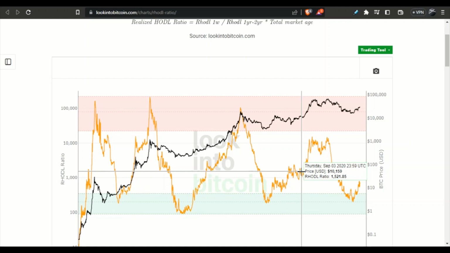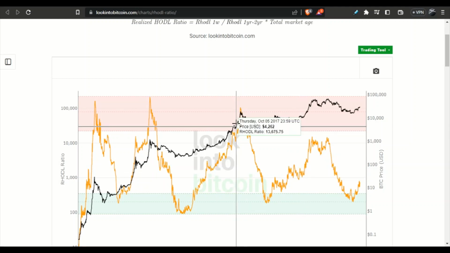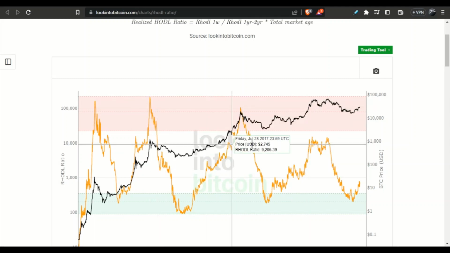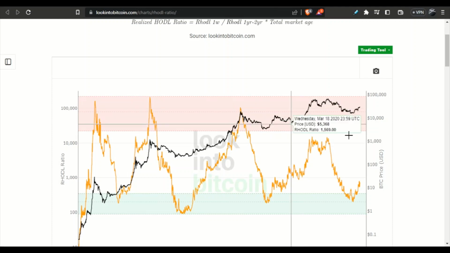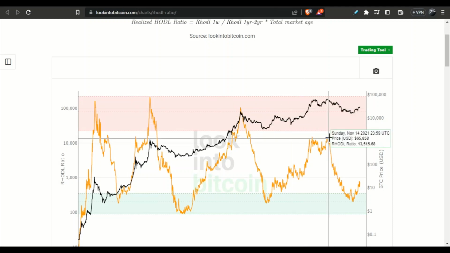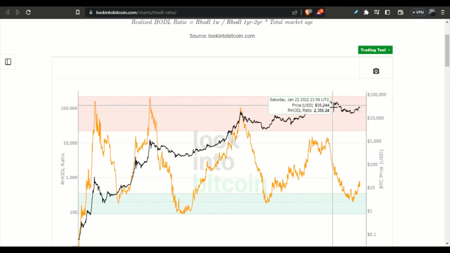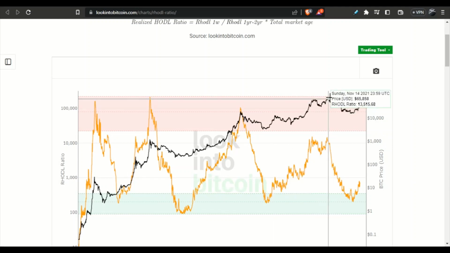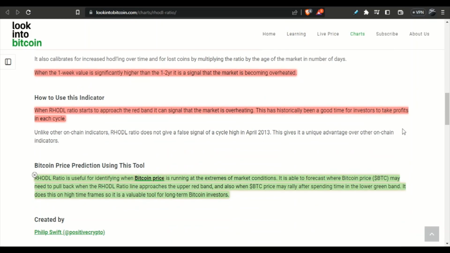Thus they are more tempted and greedy to take profits, and that explains why every time this ratio approaches the overheated area, the older investors, whales, sharks and shrimps, tend to dump or take profit on their accumulation. So this is how the RHODL works.